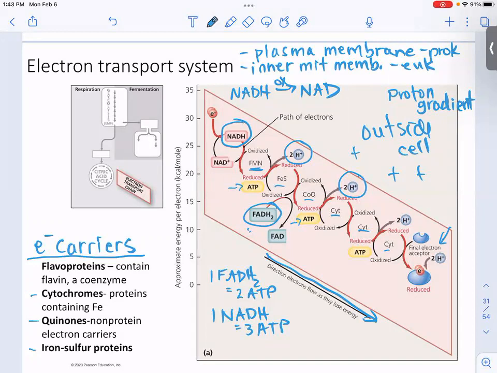Let's see, what else do I want to say? The cytochromes. If the final electron acceptor is oxygen, this final cytochrome here we always call cytochrome oxidase.